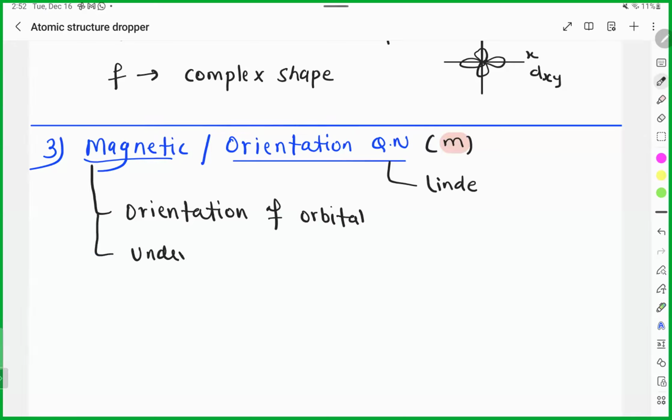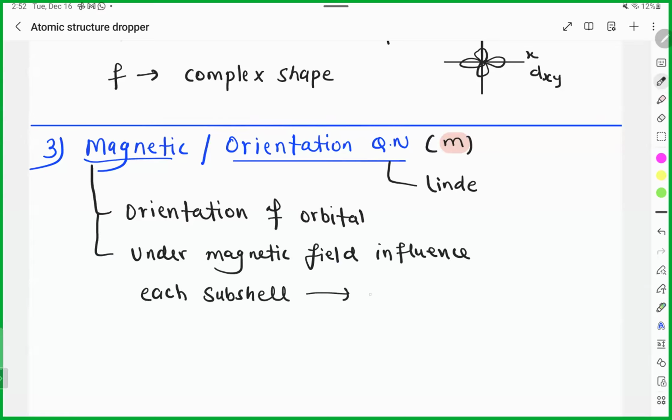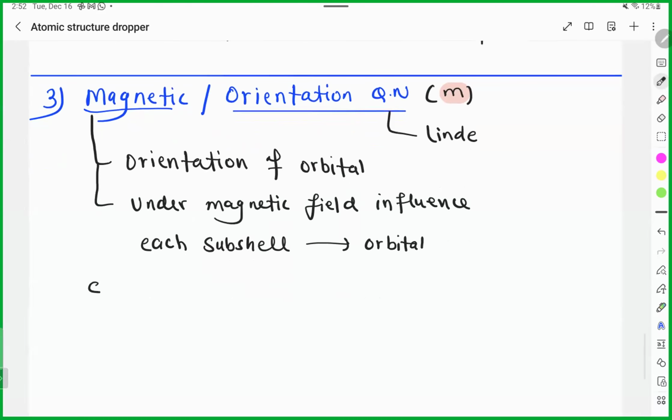Under the influence of a magnetic field, each subshell will divide into orbitals, and the S subshell has only one orbital. Why? Because there are only two electrons in an S subshell, and every orbital contains two electrons. P has a total of 6 electrons in it. What will be the number of orbitals, Jordan?